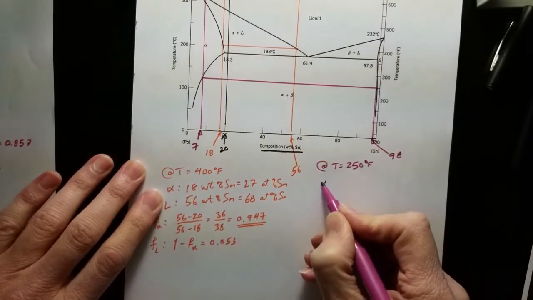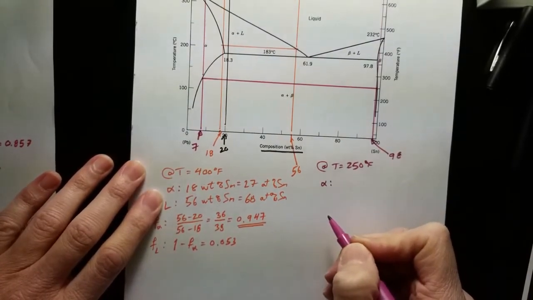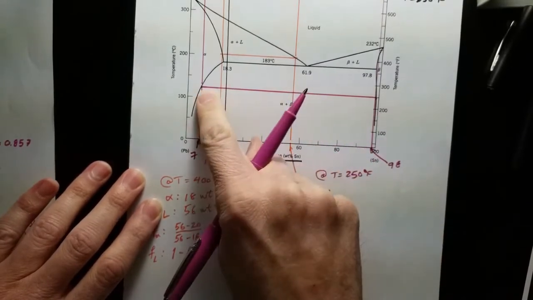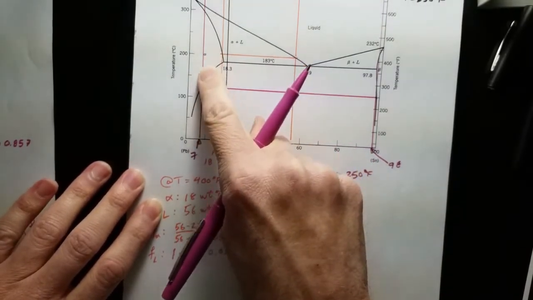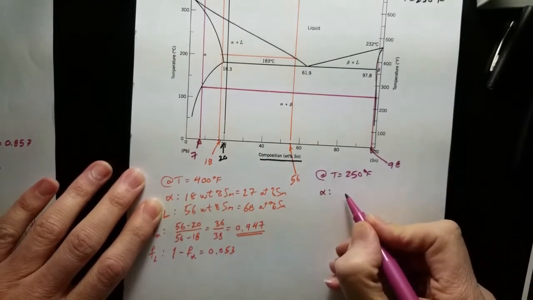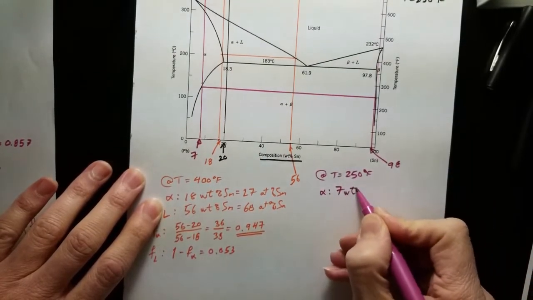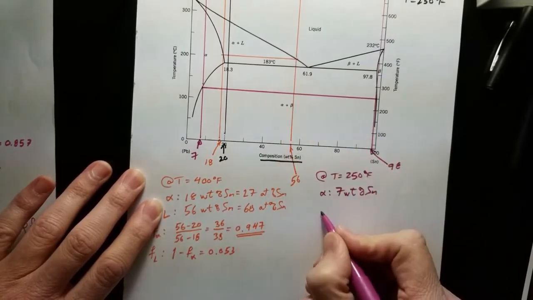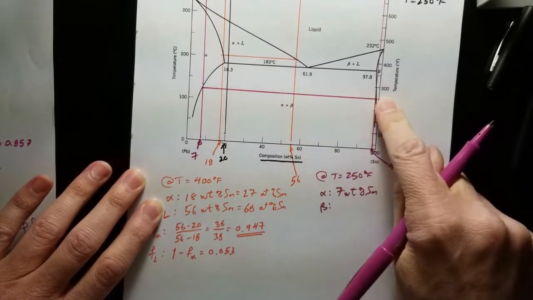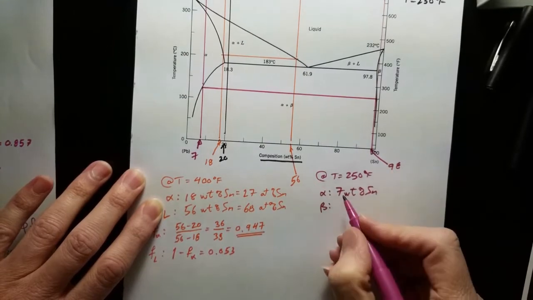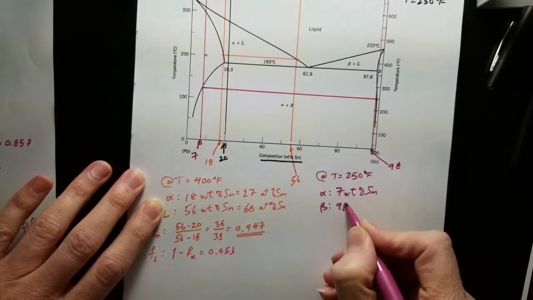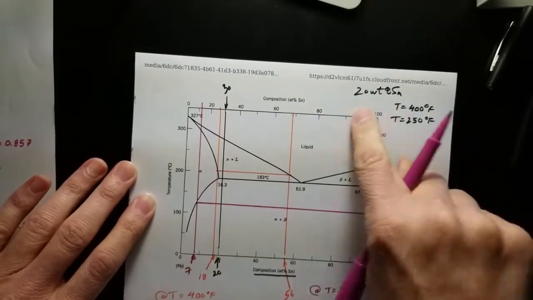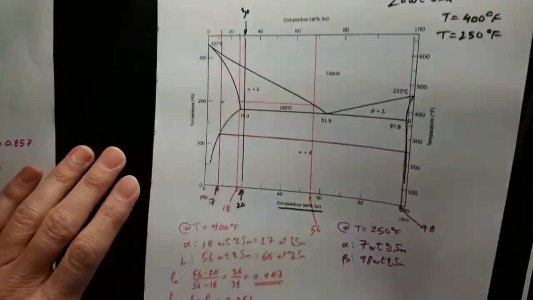So the composition of the alpha is where the tie line touches the boundary with alpha. So that puts us at 7 weight percent tin. The beta phase has composition about 98 weight percent tin. If you want the atomic percentages, you can read them off the top.